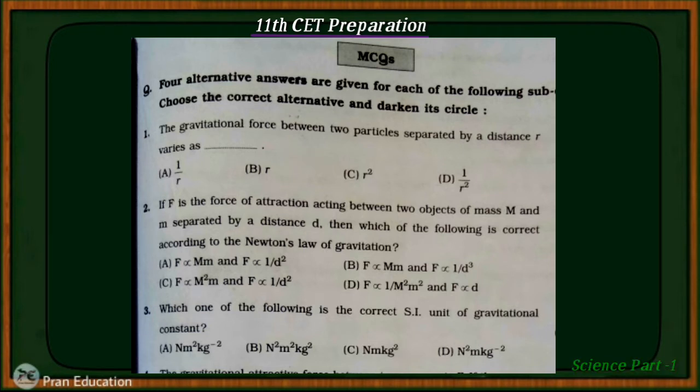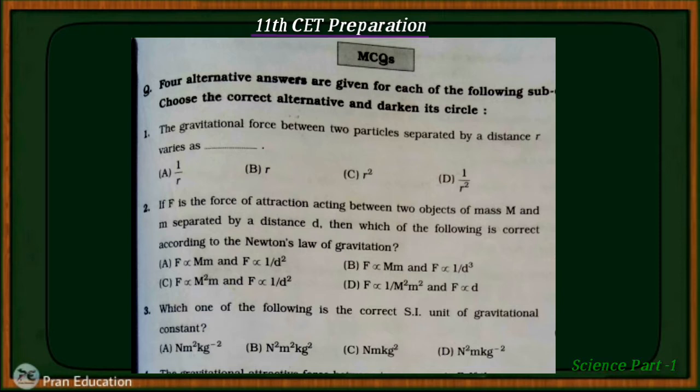Second, if F is the force of attraction acting between the two objects of mass m and m separated by a distance d, then which of the following is correct according to Newton's law of gravitation? Options: A, F alpha mm and F alpha 1 by d square. B, F alpha mm and F alpha 1 upon d cube.